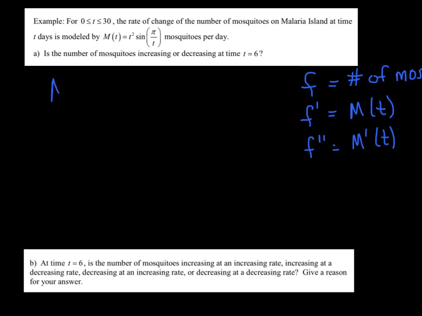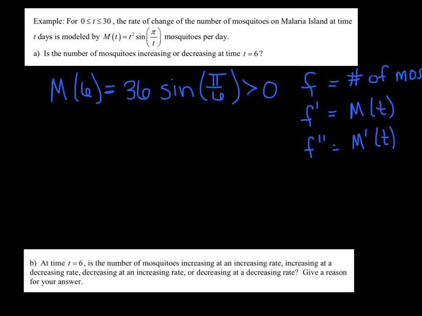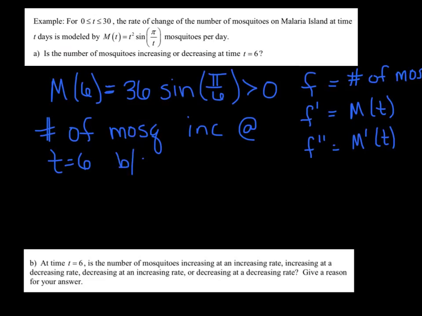So I'm going to say m of 6 equals 36 times the sine of pi divided by 6. And I'll tell you what, that looks like it's clearly a positive number. It's going to be greater than 0. So we can go back up and say the number of mosquitoes is going to be increasing at t equals 6 because m of 6 was positive.